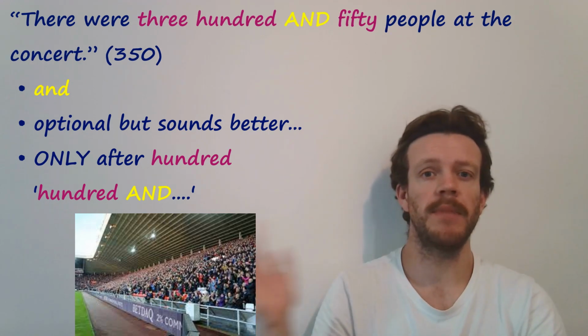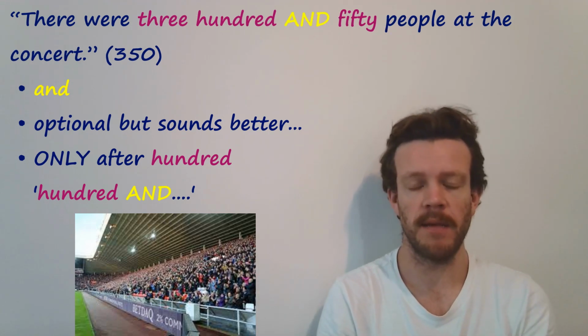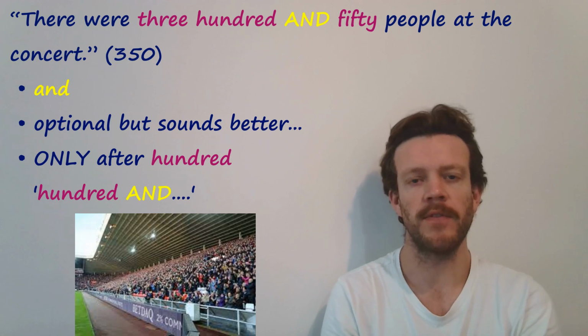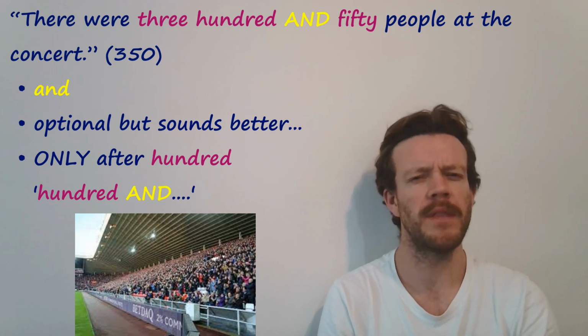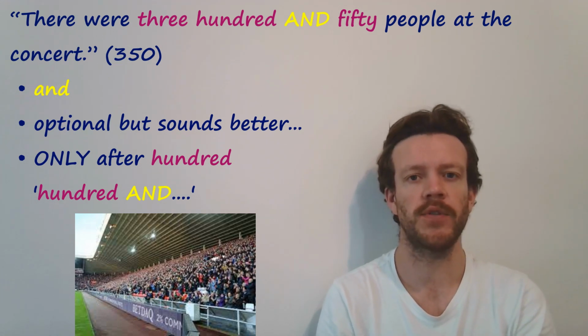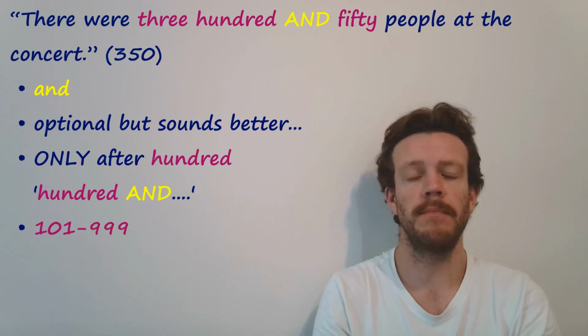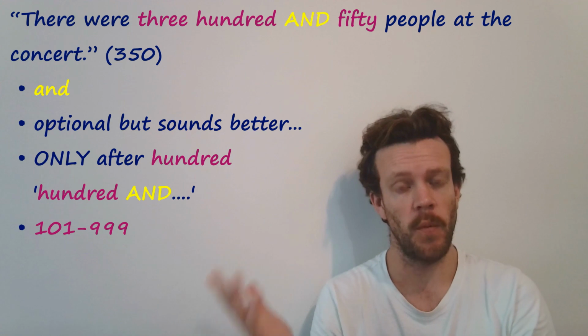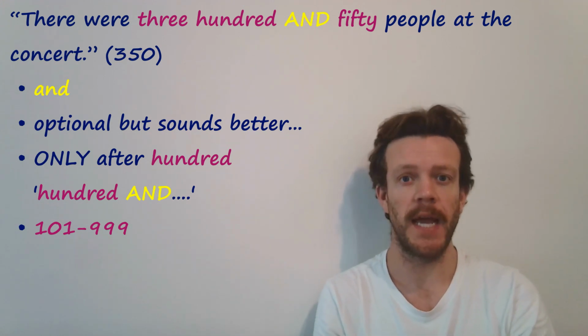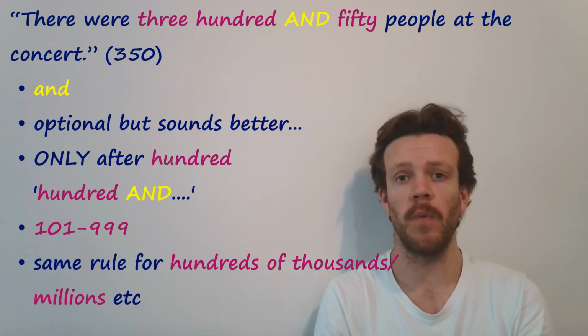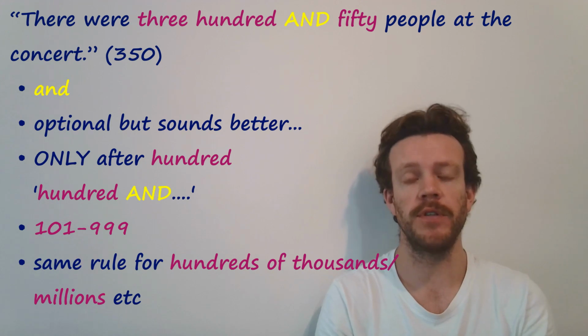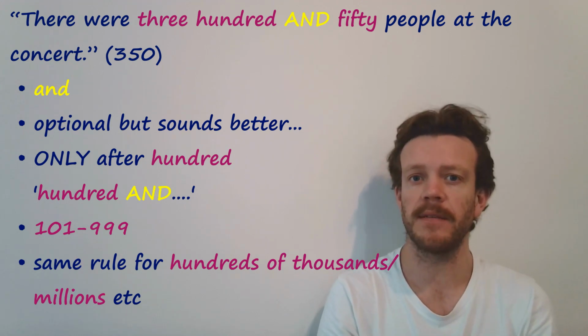But then with this number, there are a few ways to say it. 350, 350, but the one that sounds most natural is 350. So that applies to numbers from 101 to 999, but also when you're talking about hundreds of thousands or millions.